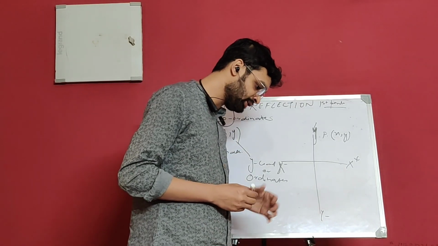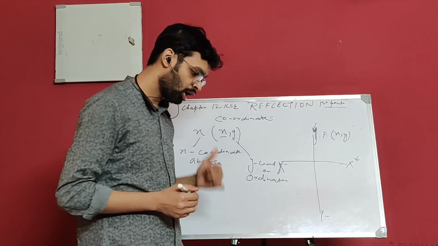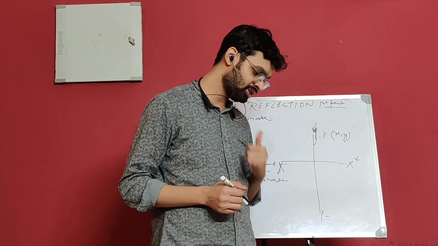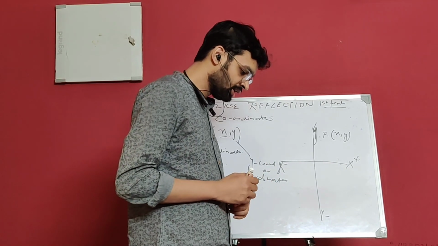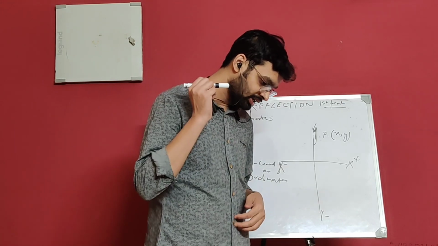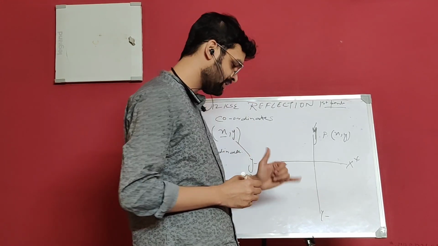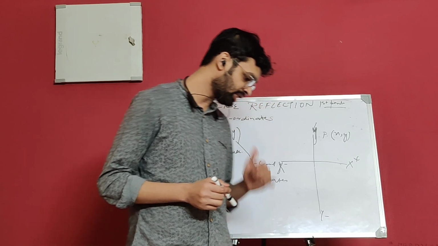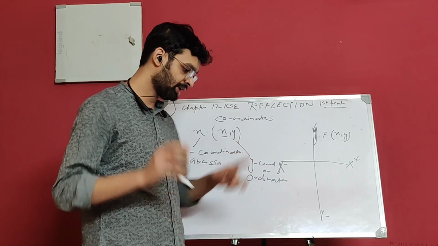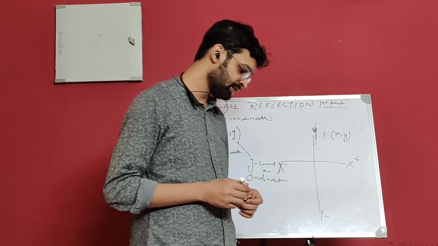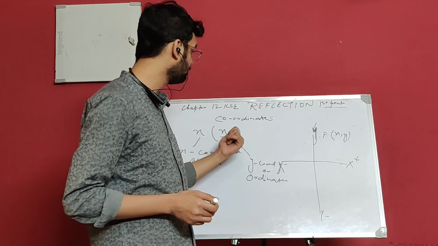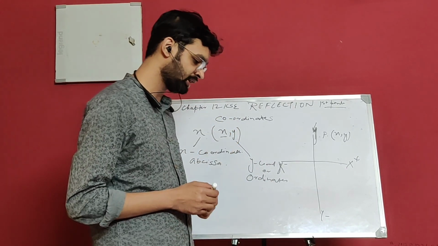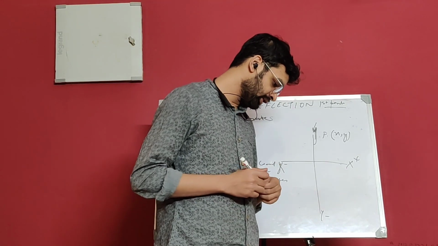So remember, in stating the coordinates of a point, the abscissa precedes the ordinate, meaning the two coordinates are separated by a comma and always enclosed in a bracket, and the x coordinate has to be written before y. Okay.